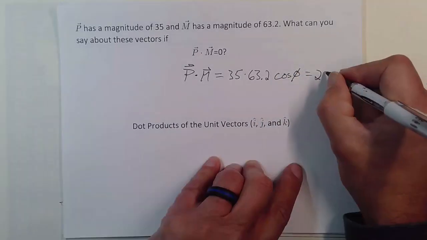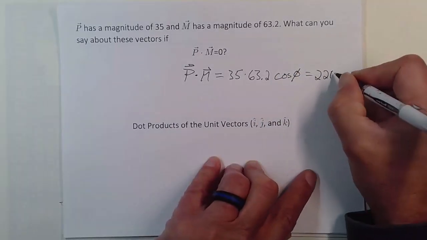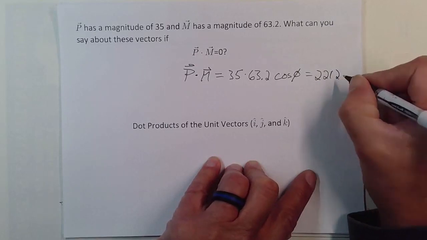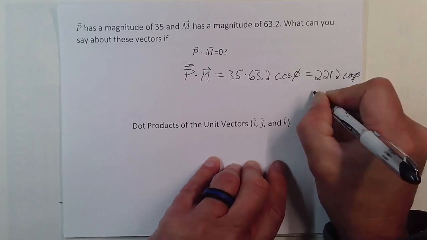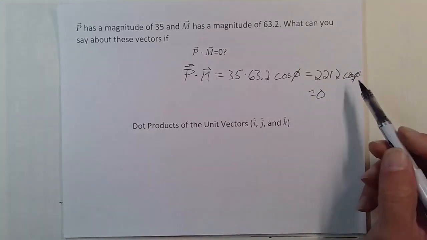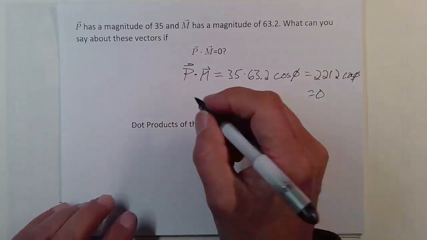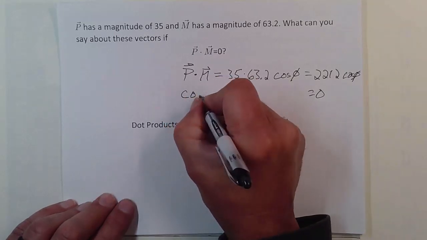Which means, now this isn't the right number of significant figures, but I'd get 2,212 times the cosine of phi, but that's equal to 0. Well, the only way that can be 0 is if the cosine of phi is 0.